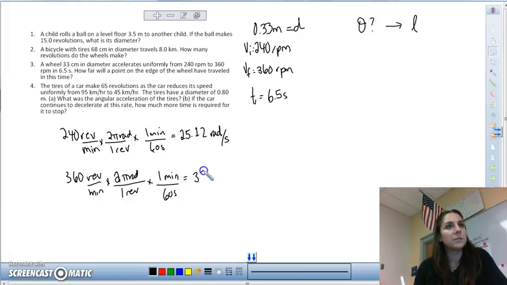I get 37.68 radians a second. So this would be a diameter, and a radius for later, but I see these three things.